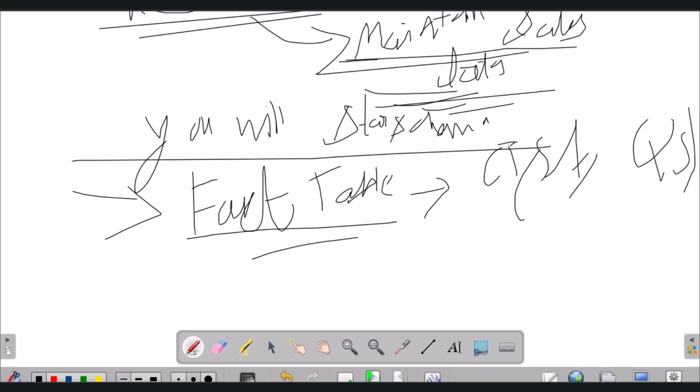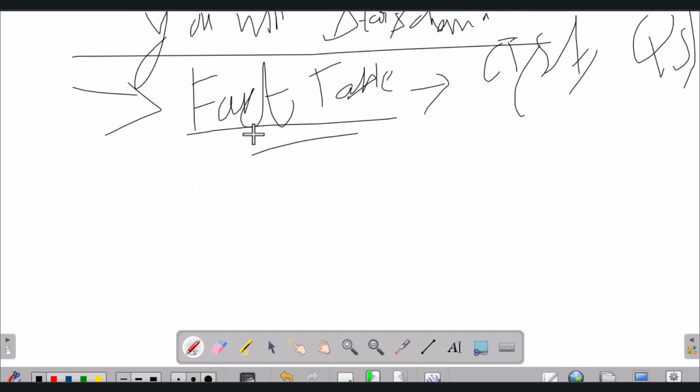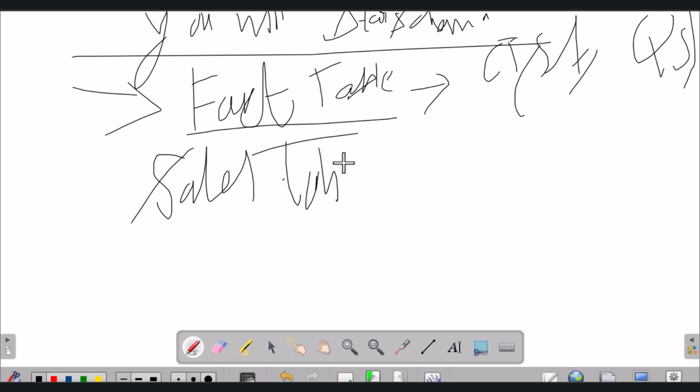For example, let me break it down. For the sales table, what will be the columns, folks?